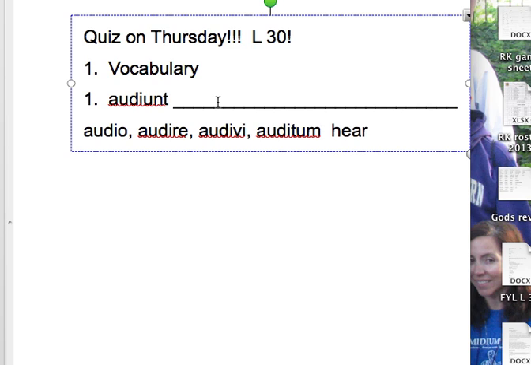If a word has more than one English meaning, you only need to mention one of them. But you do need this full dictionary entry. Now the way the points work on this, which you may have realized from the quiz you just got back today, this entire Latin entry is worth a half a point. If you make any mistake here, you lose that half point. The meaning over here is worth a full point.